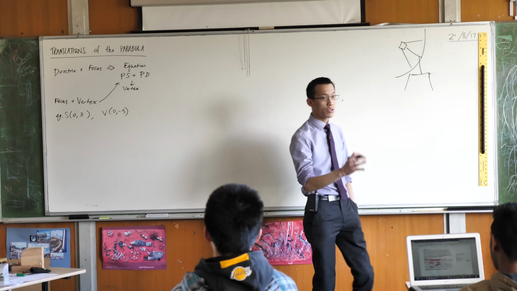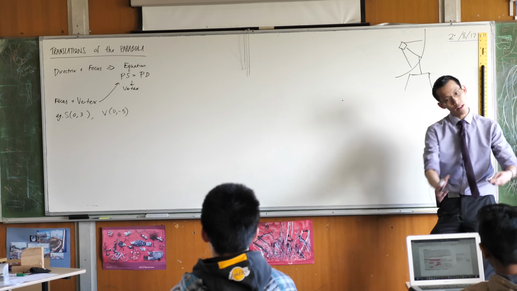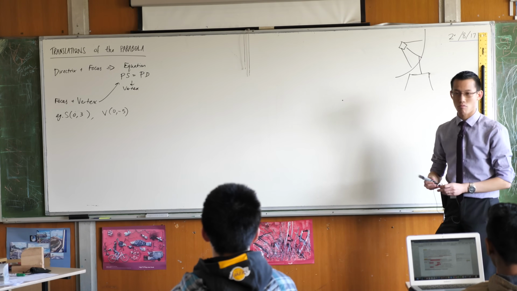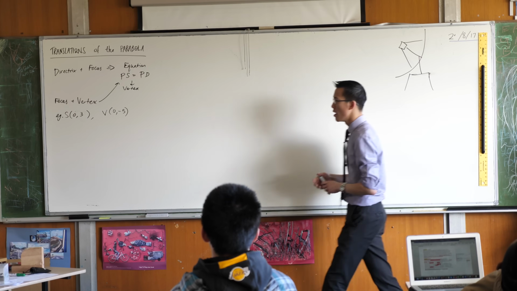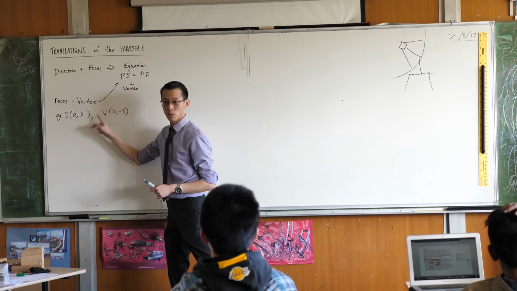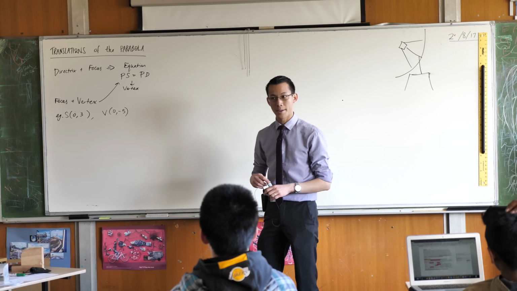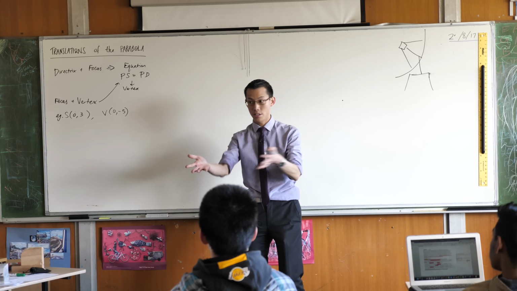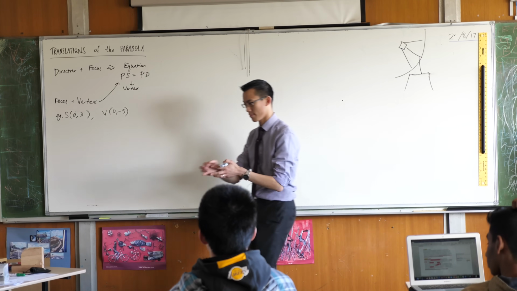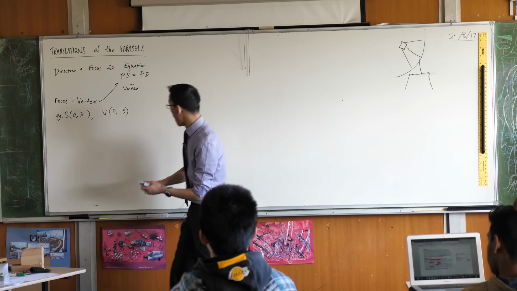I want you to think about what this means. You may like to refer back to the images of the parabola that we've drawn over the past few days to think about how these 2 relate to each other. How can we actually work out everything else from here? Any suggestions? Yeah, Shan. Well, you get the focal length from the differences.